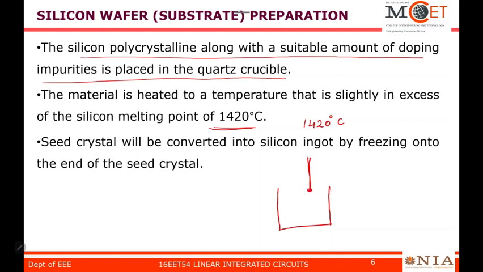Here pure silicon has been placed, in this quartz crucible, with impurities and polycrystalline silicon. When the seed is inserted, the seed crystal is converted to a silicon ingot by freezing, inserted and rotated. That is what I already said.